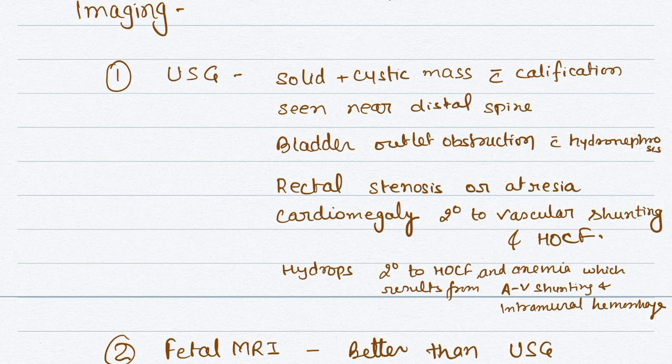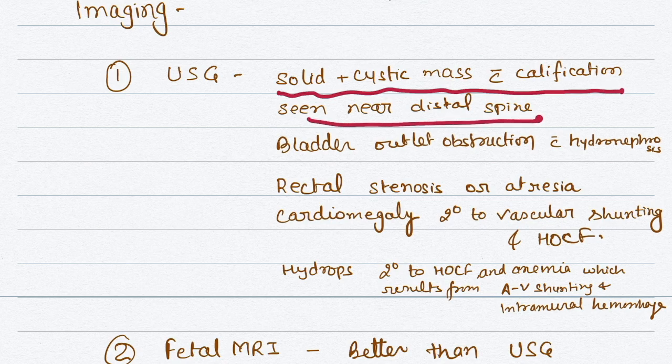For the detection of sacrococcygeal teratoma during the intrauterine period, USG during early prenatal checkups is very helpful. It detects a sacrococcygeal teratoma as a solid cystic mass with calcification near the distal spine.